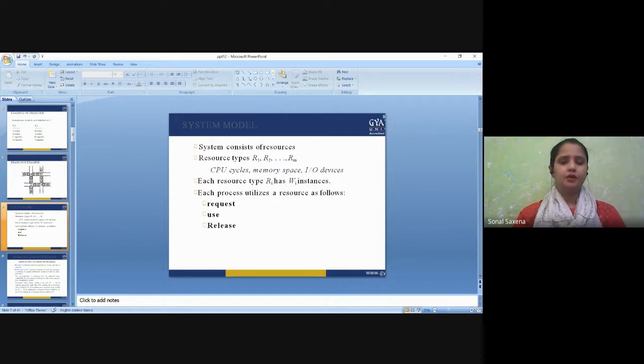How can a deadlock occur? Now the system model says that a system always consists of some resources. Now resources can be of types, let's say R1, R2, Rm.